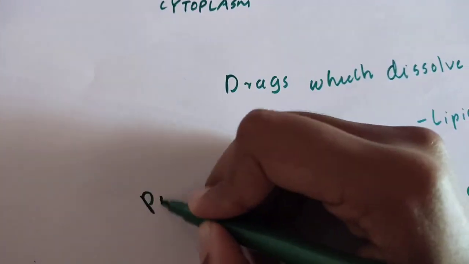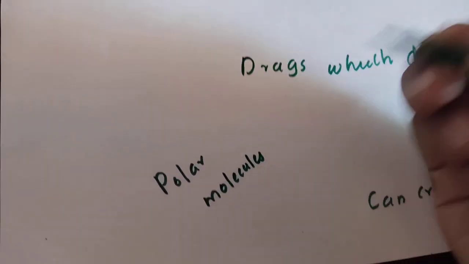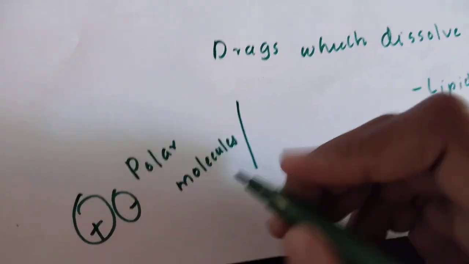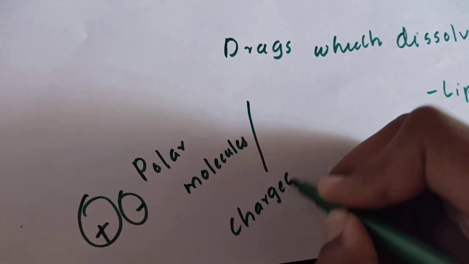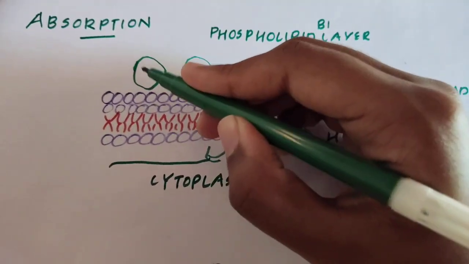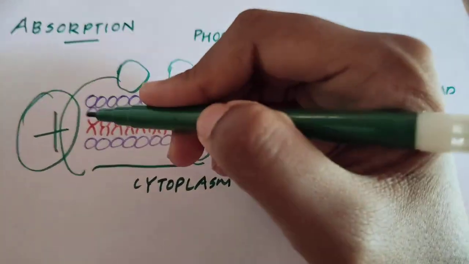If it is a polar molecule, which is also known as a charged molecule, imagine this as a drug that is a polar molecule. It can't cross the phospholipid bilayer because it is not lipid soluble.